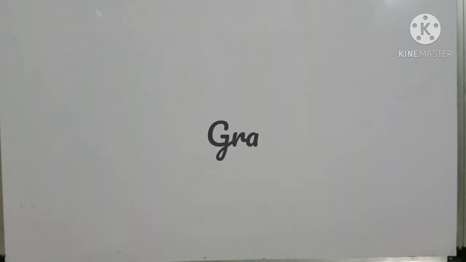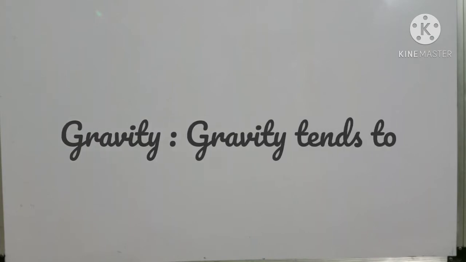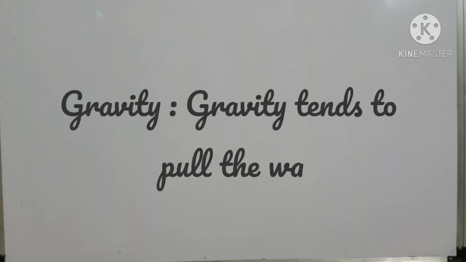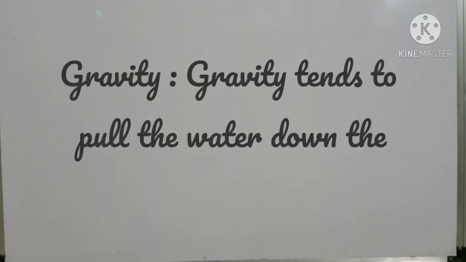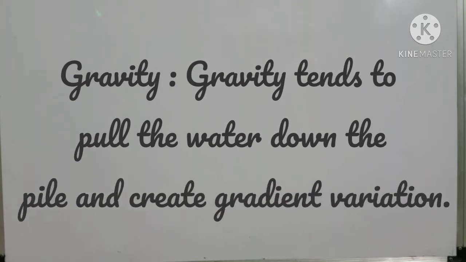Now let's talk about gravity, how the gravitational force is known as a primary force influencing the ocean currents. Gravity tends to pull the water down the slope and create gradient variation. Gravity is also a cause behind the tides, as neap and spring tides. So due to gravity, the tides occur, which influence the different types of oceanic water in the form of ocean currents.